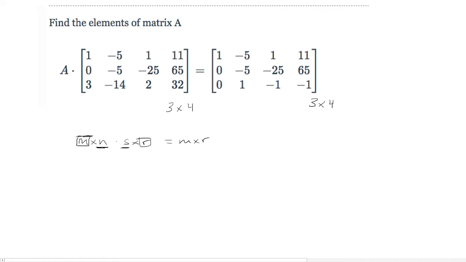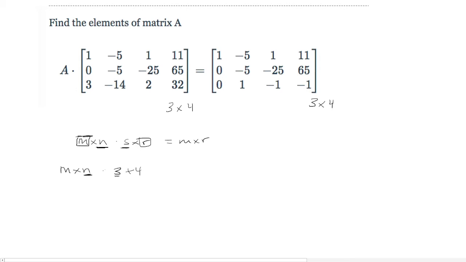So make sure the number of columns for the first one is equal to the number of rows of the second one. And then the resulting matrix will be the number of rows for the first one and the number of columns of the second one. So for us, let's say that matrix A is an m by n matrix, and then the matrix it's multiplying is 3 by 4.